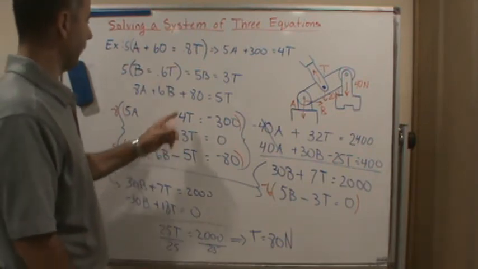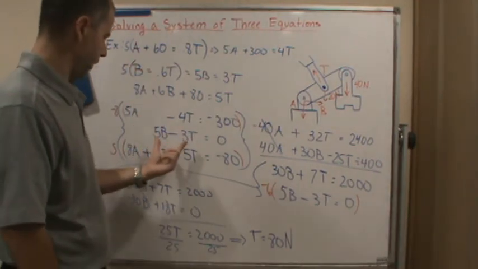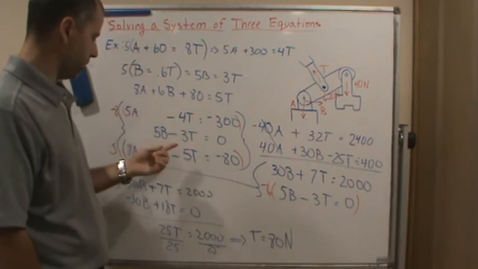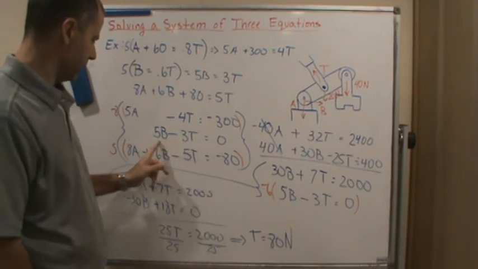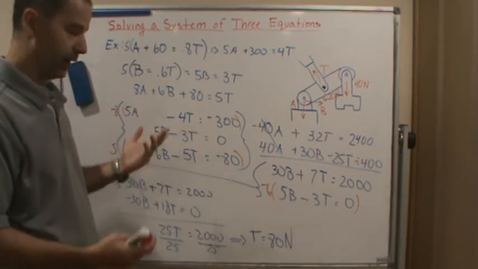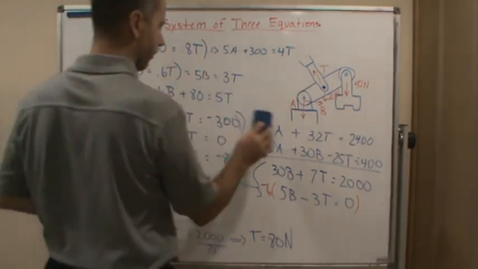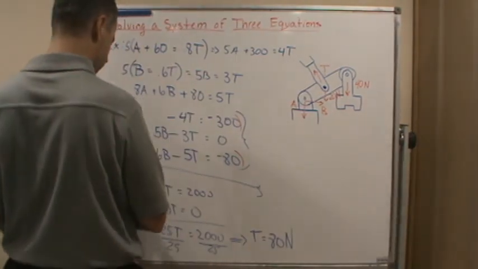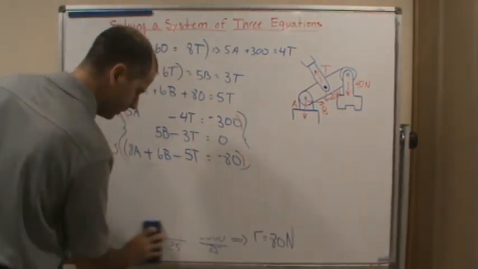Okay, or we can go back to any one of these. So we can go back, since we already have these solved, we've got one with 2 equations here, we've got one with 2 equations here. So now that we solve for T, we can go back to this equation, and we can go back to this equation and substitute and solve. So let's do that. So T is 80 newtons.